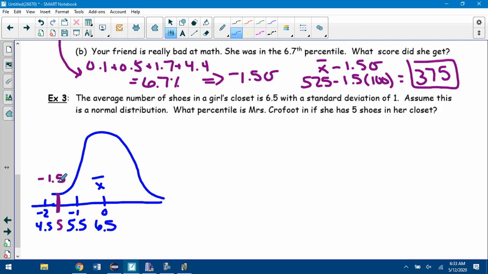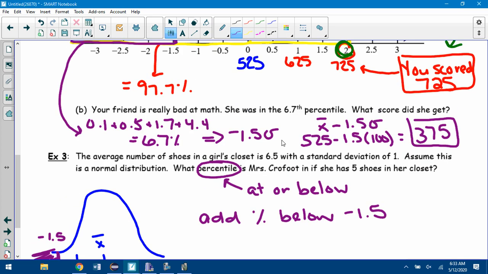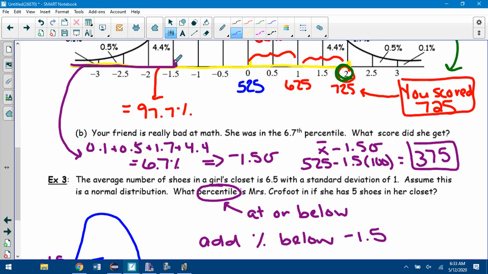Okay, then you've got to remember you're looking for the percentile. What does percentile mean? What phrase are you supposed to think of? At or below. So you want to add all the percents below negative 1.5. So let's look up at this chart again. Here's negative 1.5.